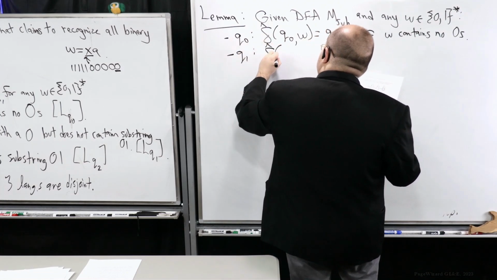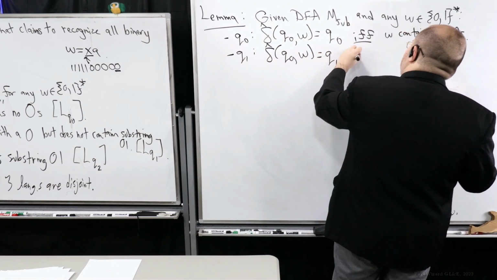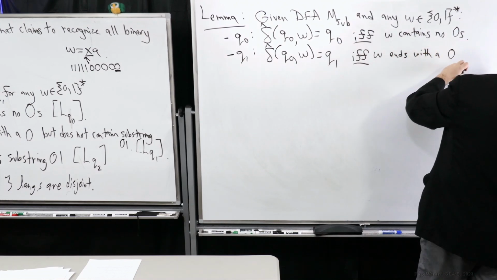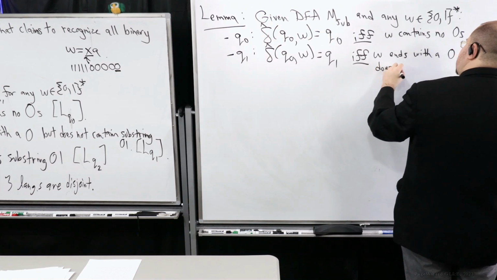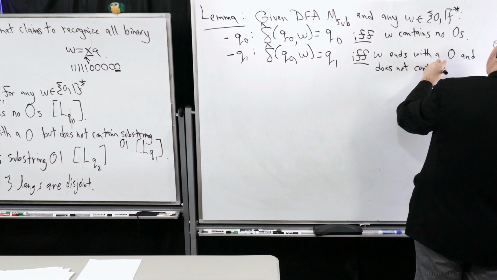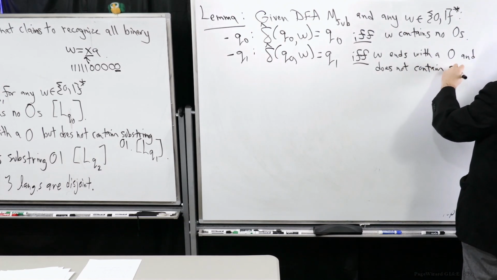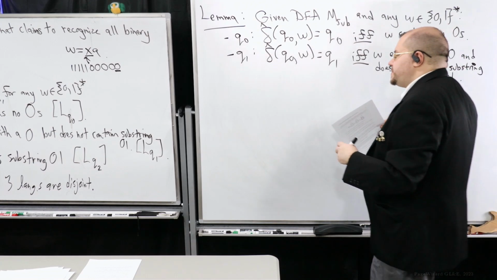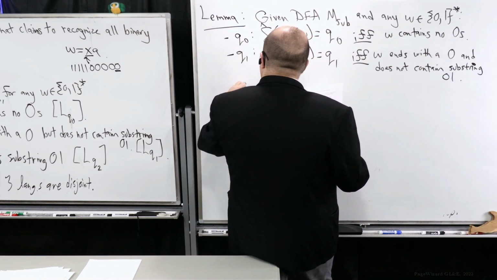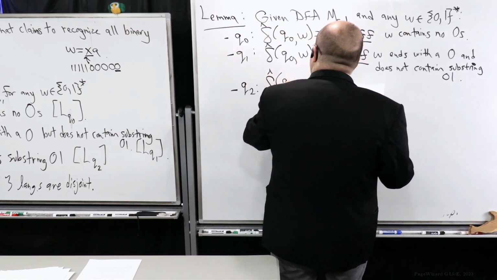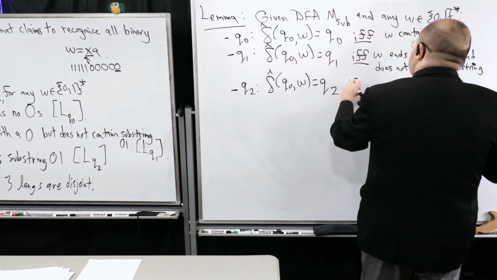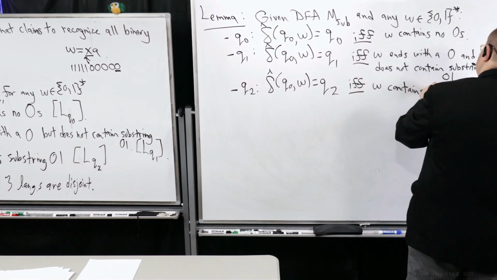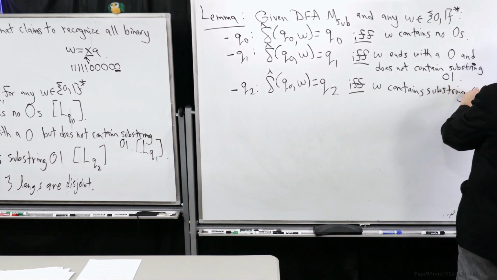Q1, delta hat Q0 W is equal to Q1 if and only if W ends with a 0 and does not contain substring 0, 1, and then Q2, delta hat Q0 W is equal to Q2 if and only if W contains substring 0, 1.